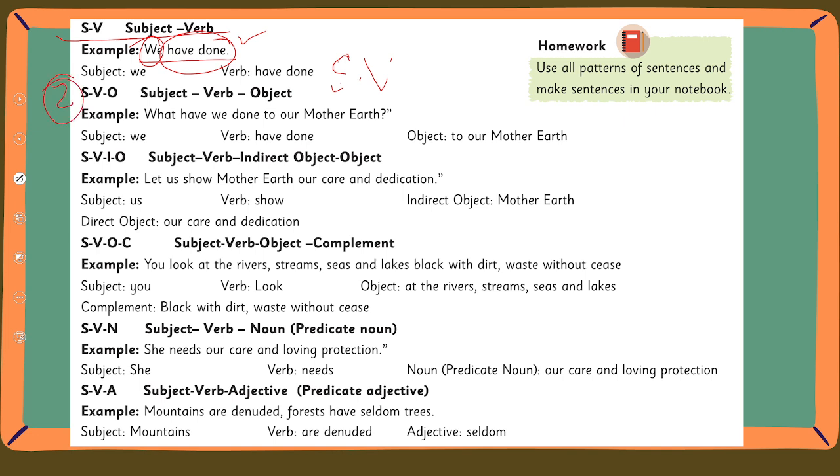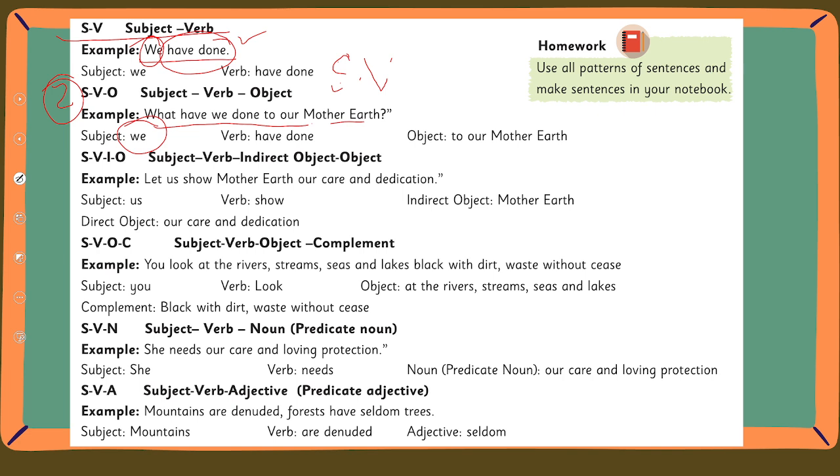Next one, we have our subject, verb, and object in our example. What have we done to our Mother Earth? Now, what is the subject who has done the action, or for which the verb is used? It is we.